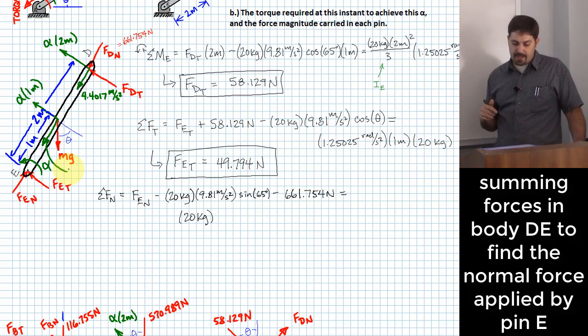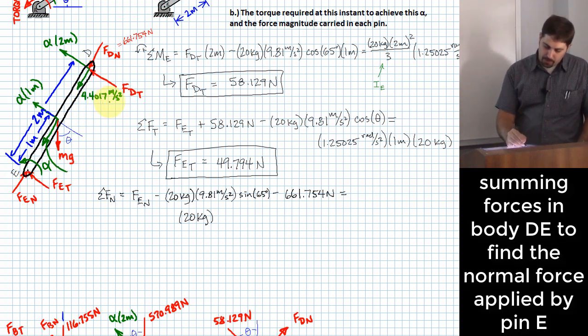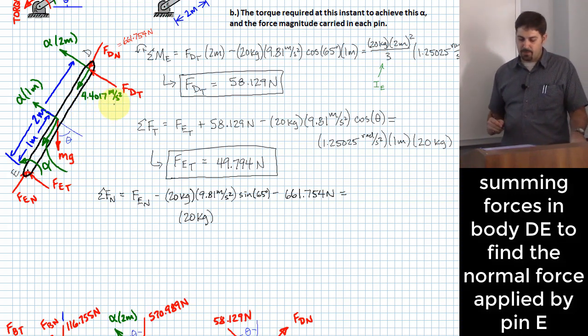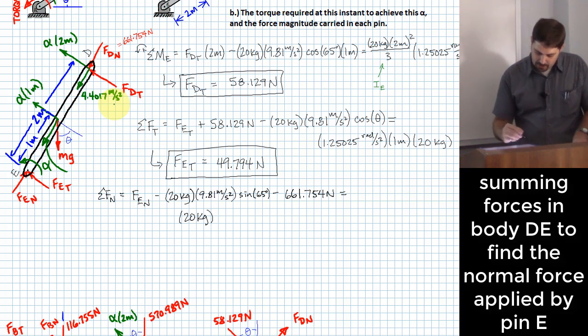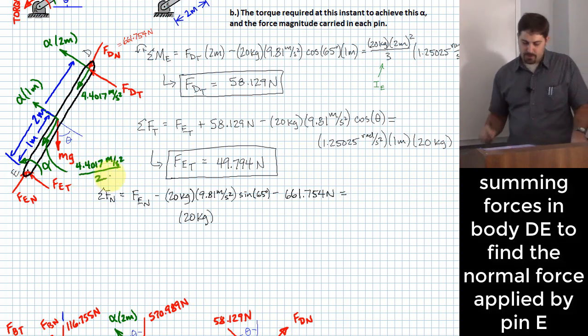That means that the centripetal acceleration there is going to be half of what it was out at point D, because it was a radius of 2 out to point D, and now we're a radius of 1, right? So where I had 4.4017 meter per second squared out at point D, this is going to be 4.4017 meter per second squared over 2.